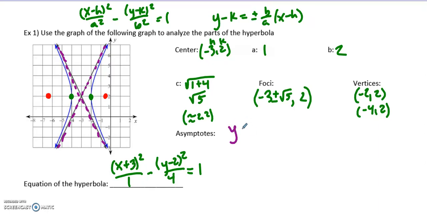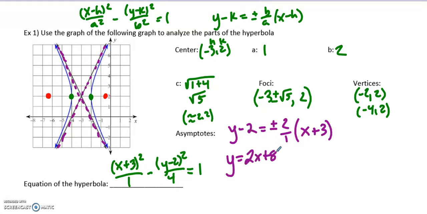Y opposite k is minus 2, equals plus or minus b, which is 2, over a, which is 1. And then I'll put it even though I don't need it. And this is parentheses x opposite h, which will be plus 3. So if I distribute, I get y equals 2x plus 6, and add another 2 is 2x plus 8.